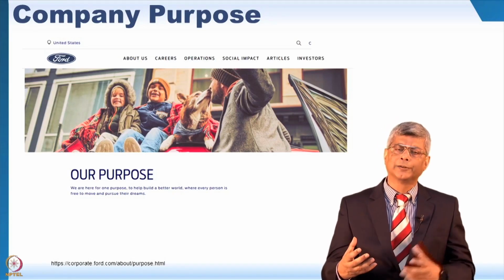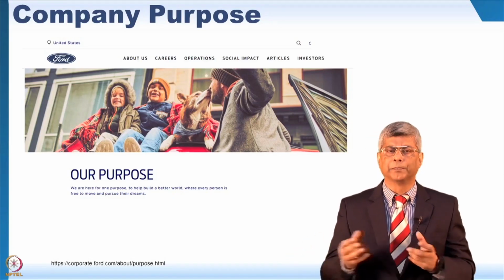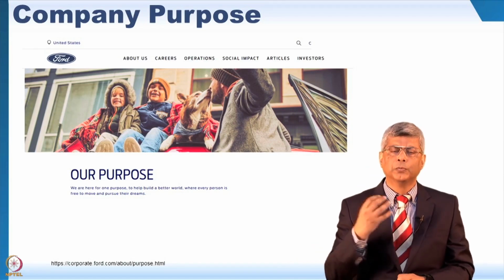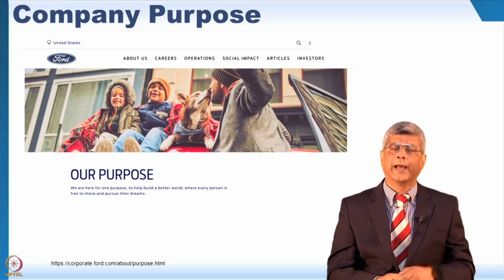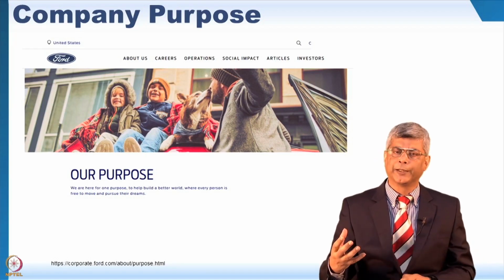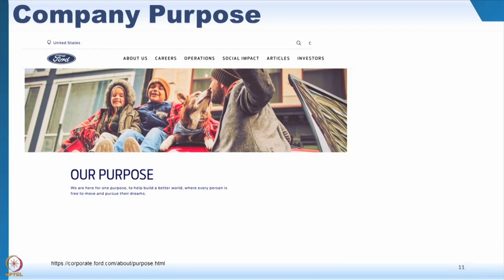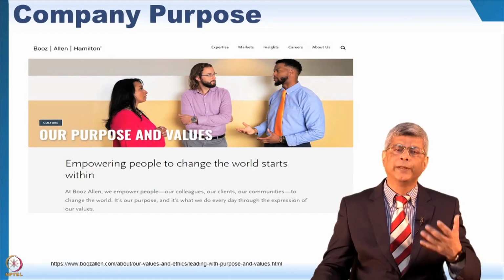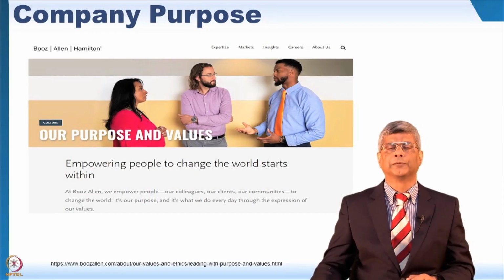It's not about selling cars or motorcycles or vans or buses. It's about allowing people to move around the world and chase their dreams. And the dreams can be leisure, travel, learning, etc. So all these best companies have their purposes around improving the world and improving the lives of people.